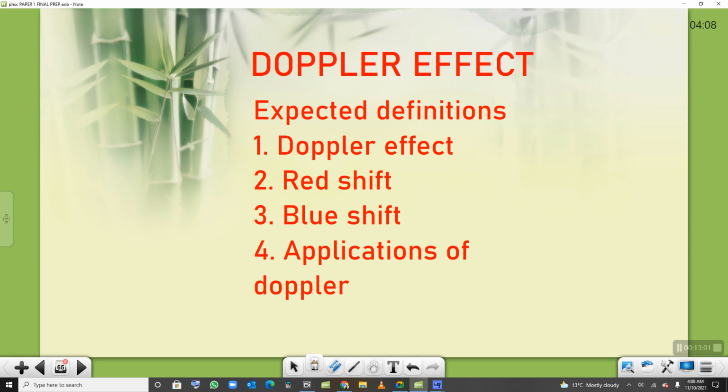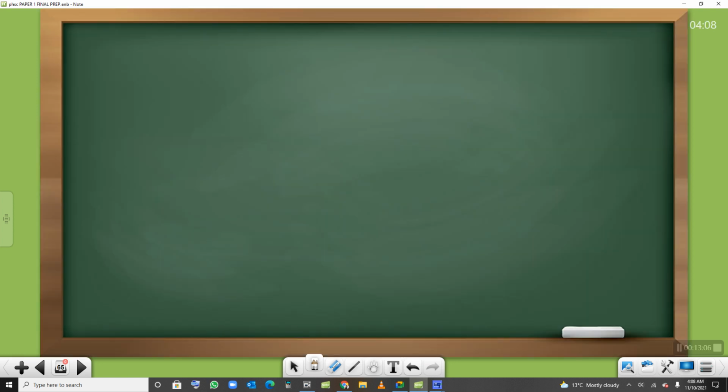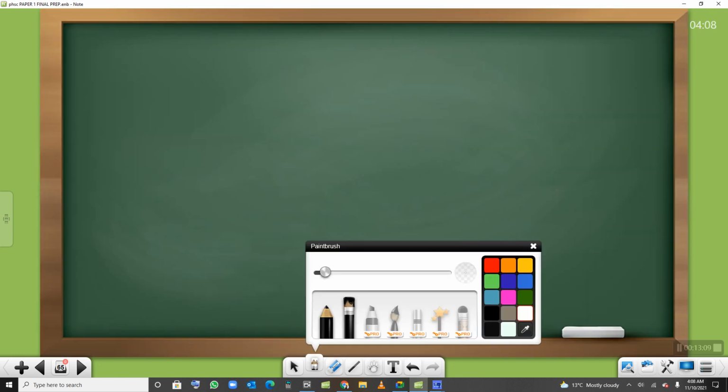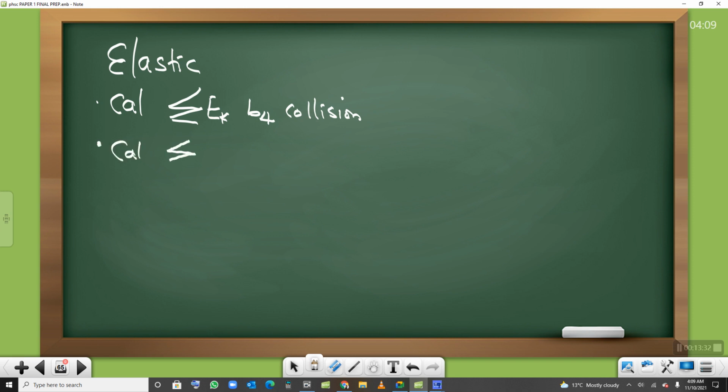How do you check if a collision is elastic or not? Number 1, calculate total kinetic energy before collision. Number 2, calculate final kinetic energy. Compare.